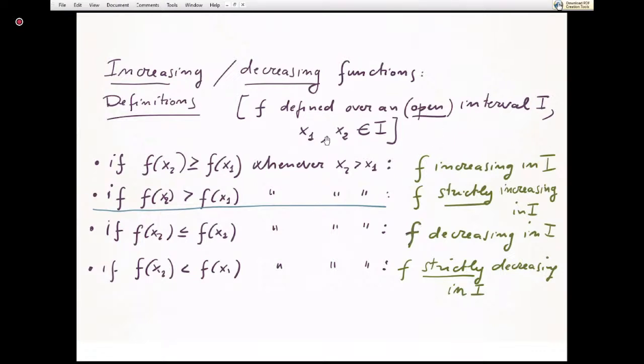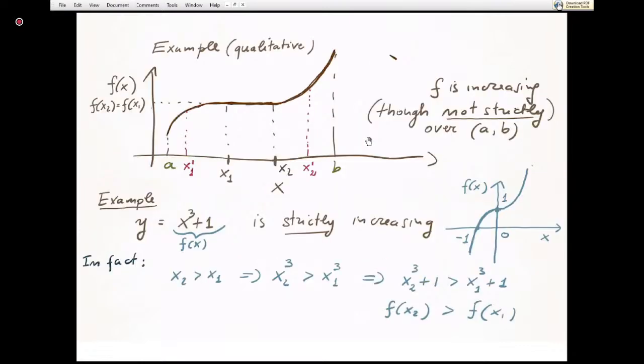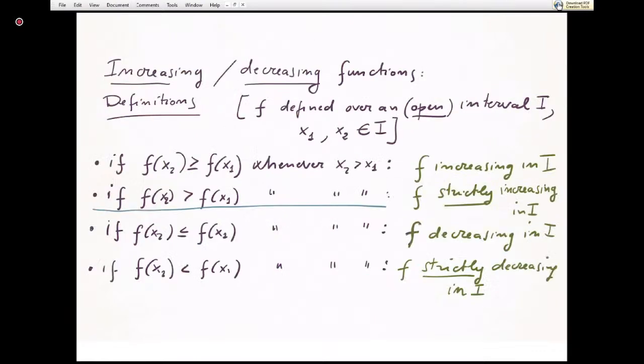And take any, not just a specific choice, any 2 points x1, x2 in this interval. So for instance, this is a function defined in an open interval from a to b. Take 2 points, x1, x2, or x1', x2'. Any 2 points. And take these points such that, without loss of generality, x2 is larger than x1.